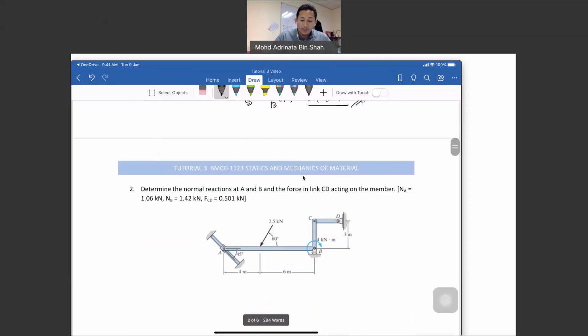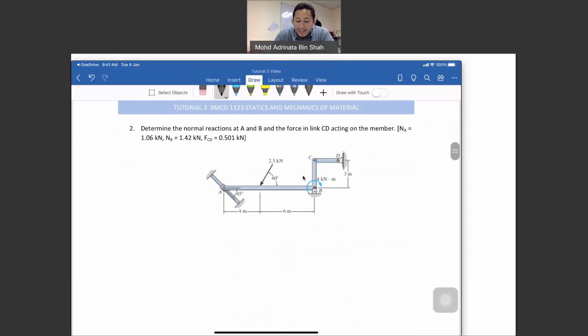Okay. Next question number 2. It is actually a kind of tricky figure. Determine the normal reaction at A and B, and the force in link CD. Okay, this is our structure, and we have a free body diagram for the body ABC.